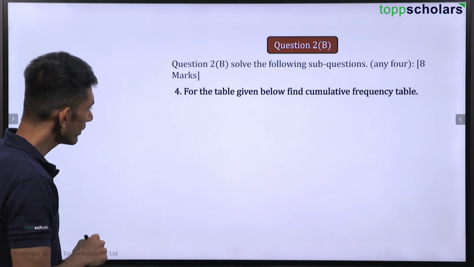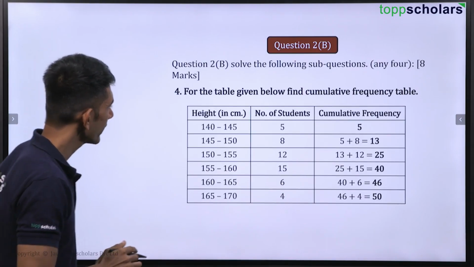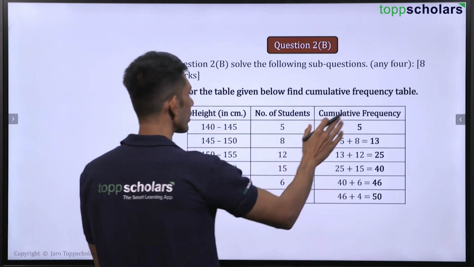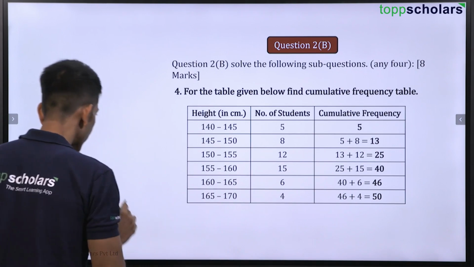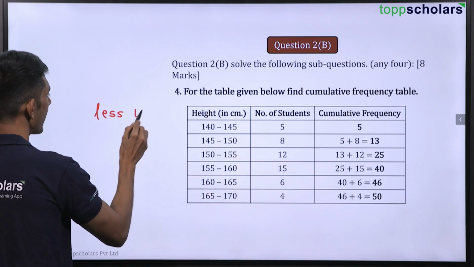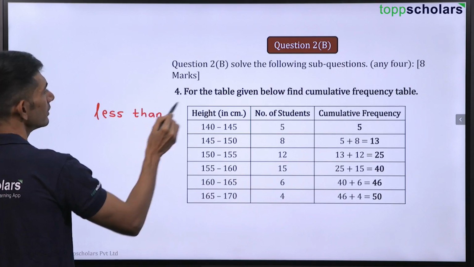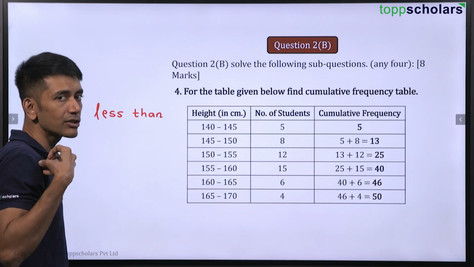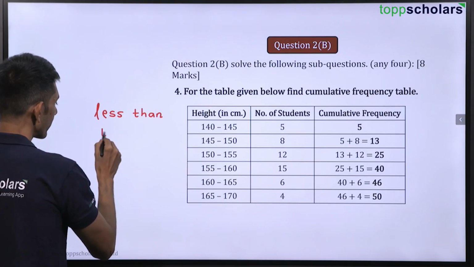So now here, observe very carefully. This is the height, this is the number of students. So let's find out the cumulative frequency. This cumulative frequency is less than type. They did not mention less than or more than, so we are doing less than, that is our choice.